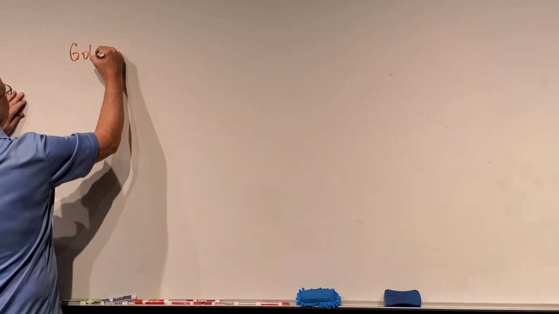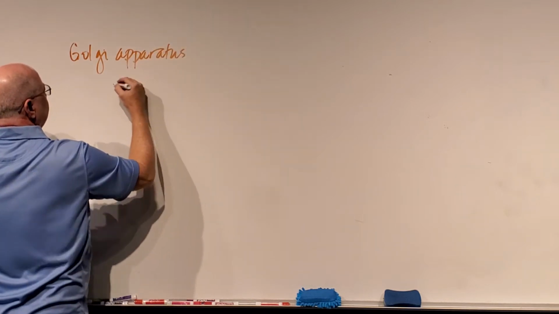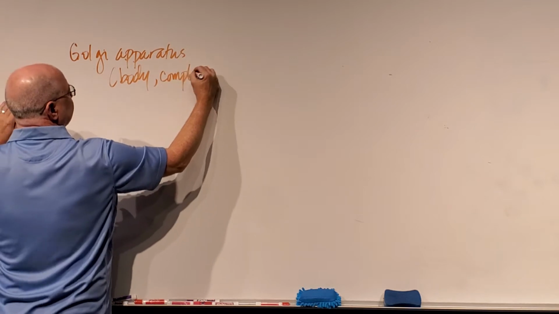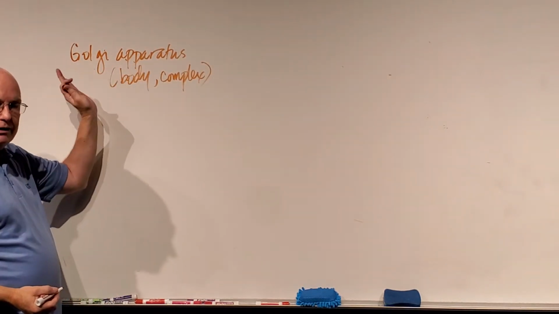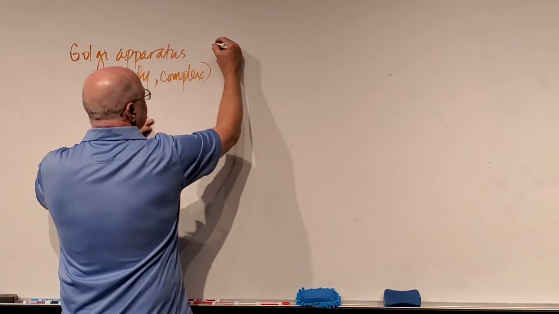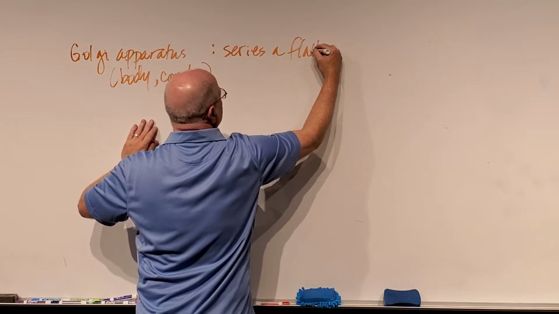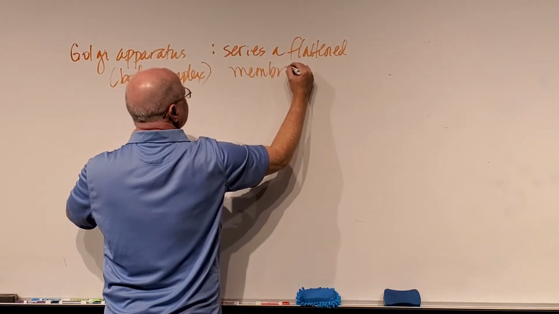For the Golgi apparatus, it goes by several names. It can also be called the Golgi body or the Golgi complex. Different books use different names for it: Golgi body, Golgi apparatus, Golgi complex. This is a series of flattened membranous sacs.